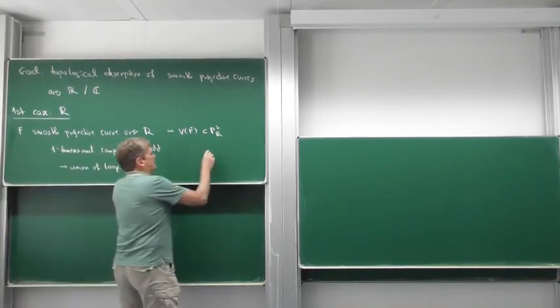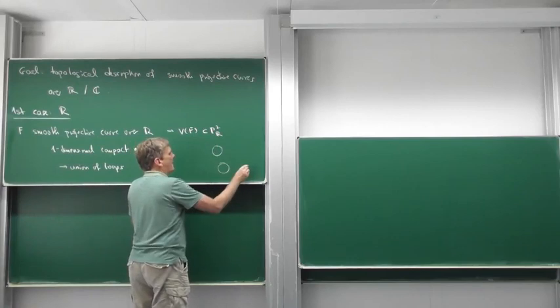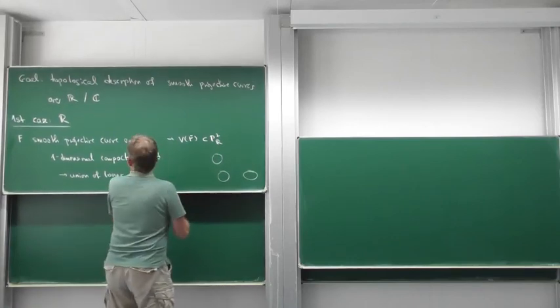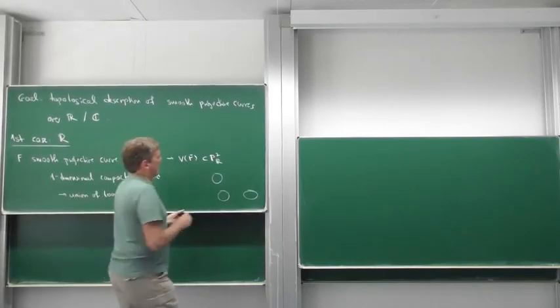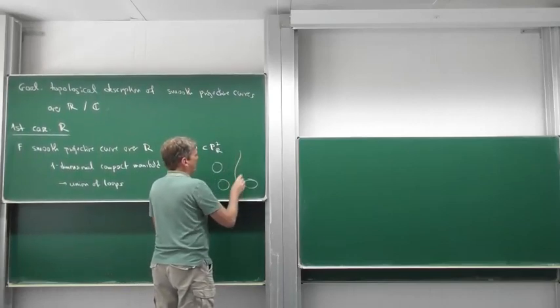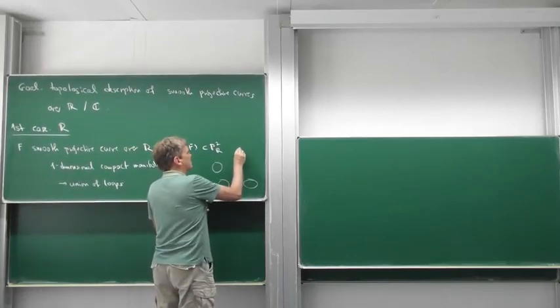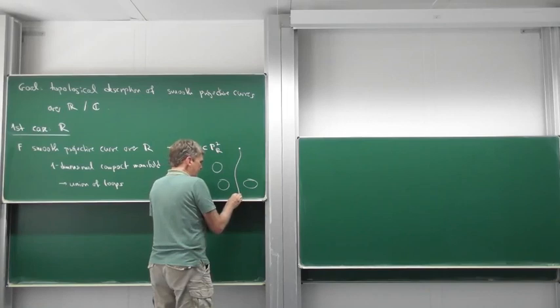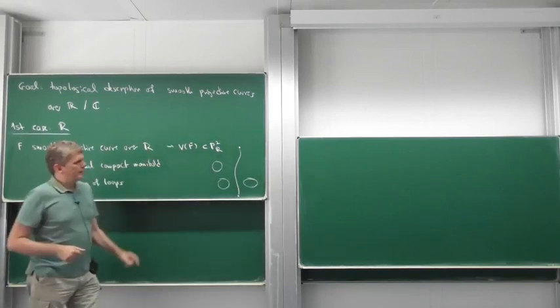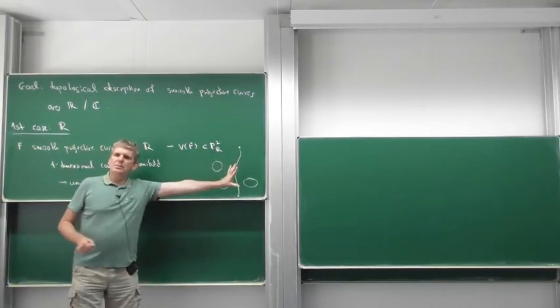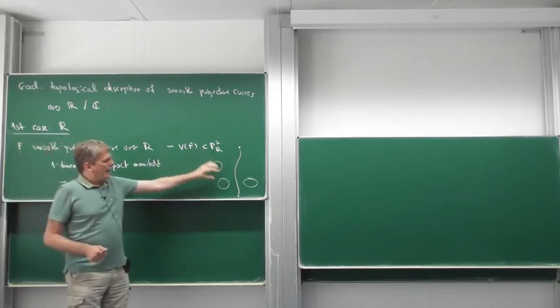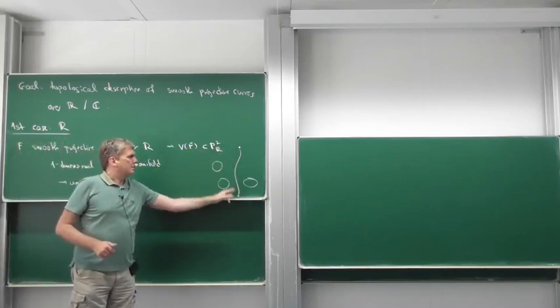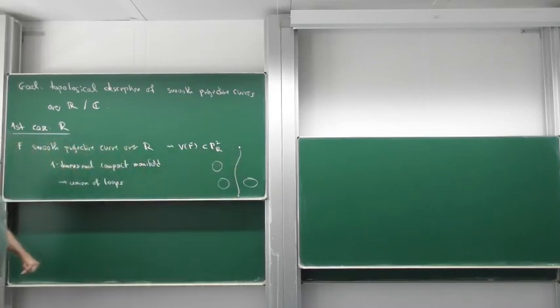So a curve might look like this. And if we are drawing the affine picture, it might also be that there's a component that is infinite. So that means it goes to some point at infinity and then comes back from the other side at infinity. But topologically, that's also a loop. So oftentimes we would just draw affine pictures, and you should consider that a loop as well.